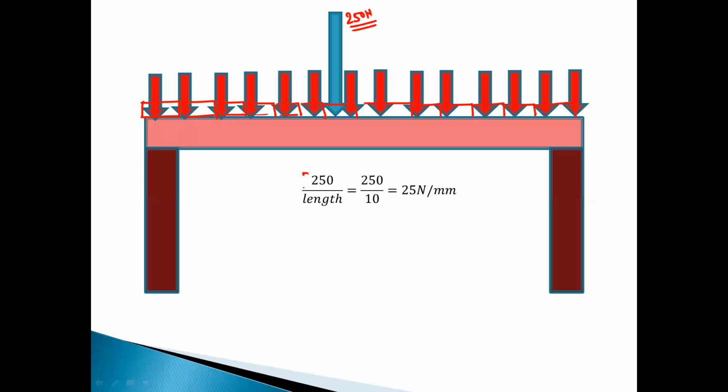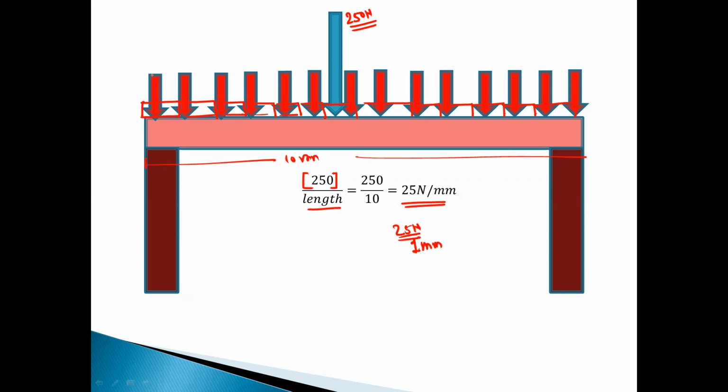Just divide the total load 250 Newton by the length. So this length initially it was 10 millimeter. Okay, so 250 upon 10, so you will get the value as 25 Newton per millimeter. Okay, that means for 1 millimeter length there is a load of 25 Newton.